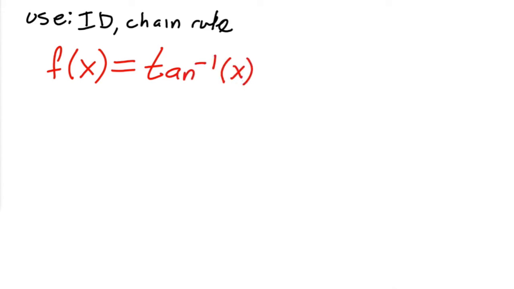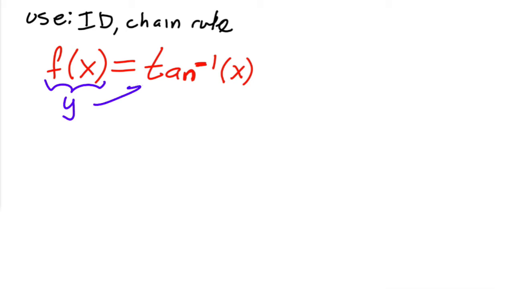Since we don't have anything to start off with, you might be tempted to use the definition of the derivative, but we don't have any identities really that would help us. So instead of doing that, let's use the definition of a general inverse function. I'm going to call this guy y.